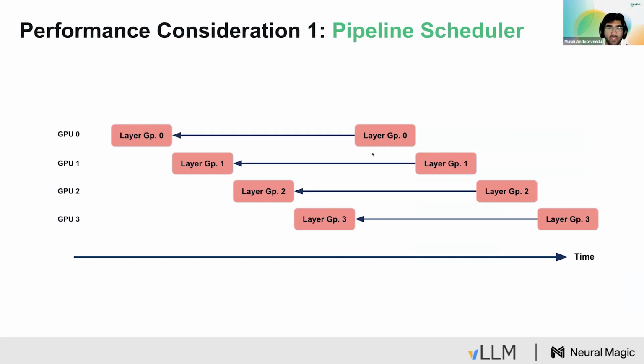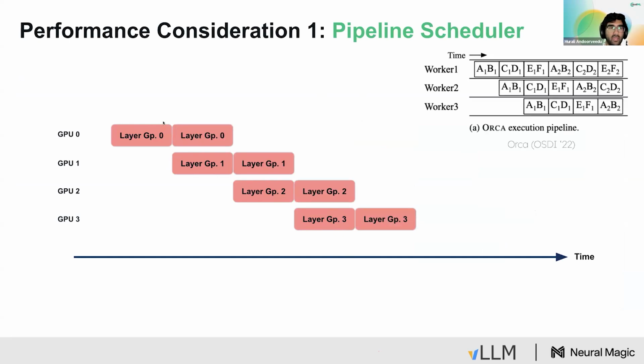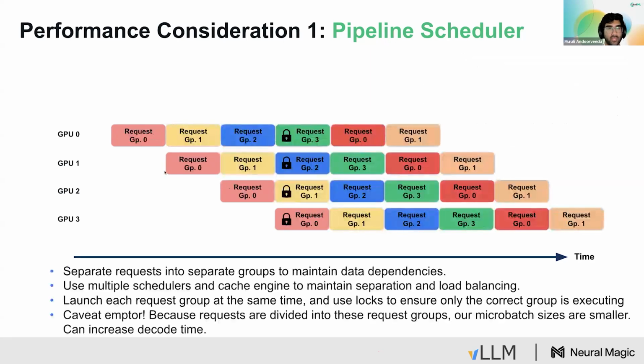So what we really want is something like this, right? Where we have all of the GPUs operating all the time. And so this is really the ideal for pipeline parallelism, but it's also not as simple to implement. Okay?